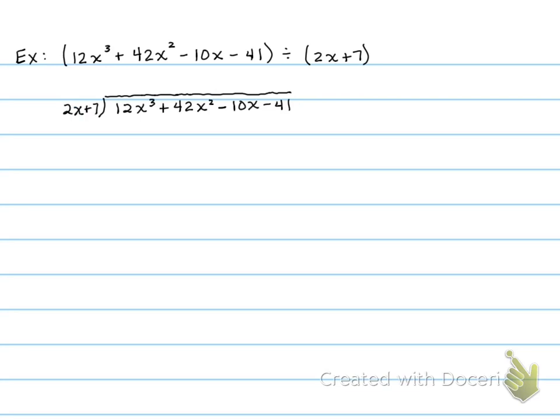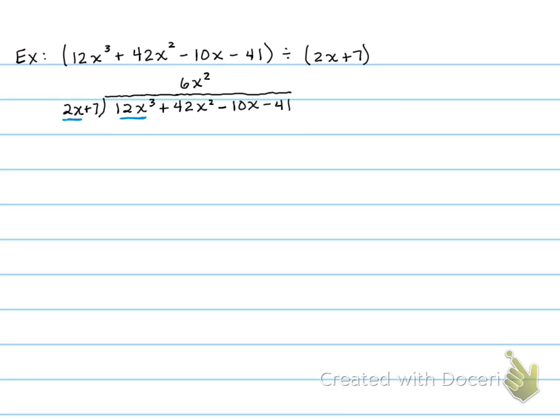So we are starting out with the 2x and the 12x to the third. What do you have to multiply 2x by to get 12x to the third? You need a factor of 6, and then how many factors of x? 2, so 6x squared.